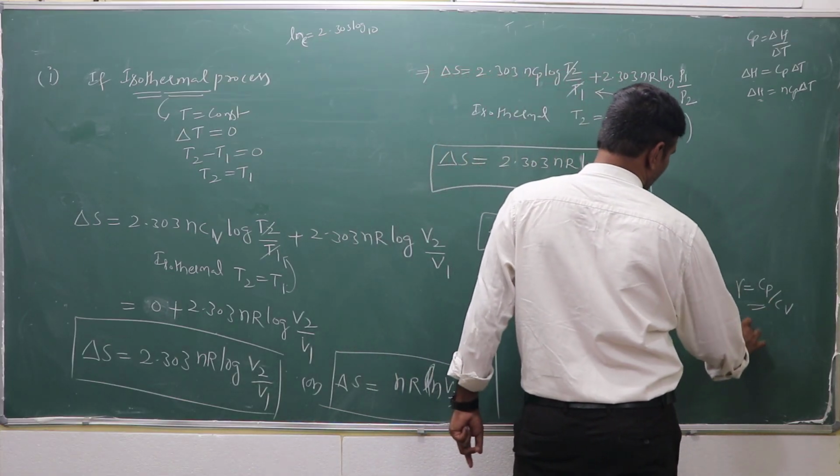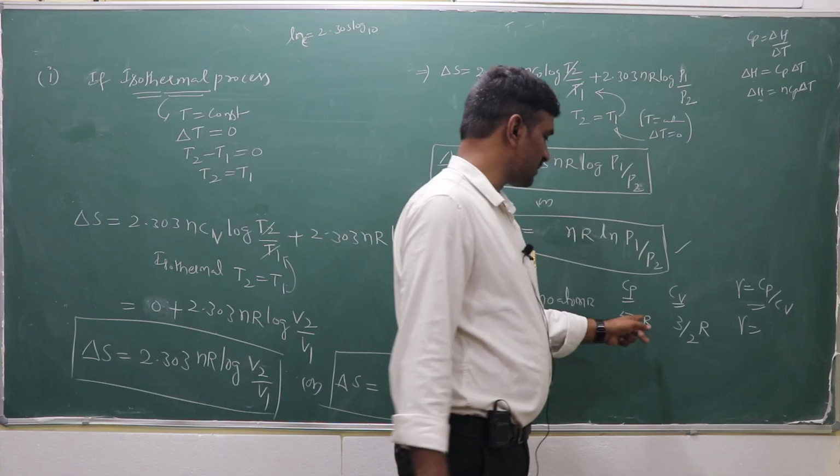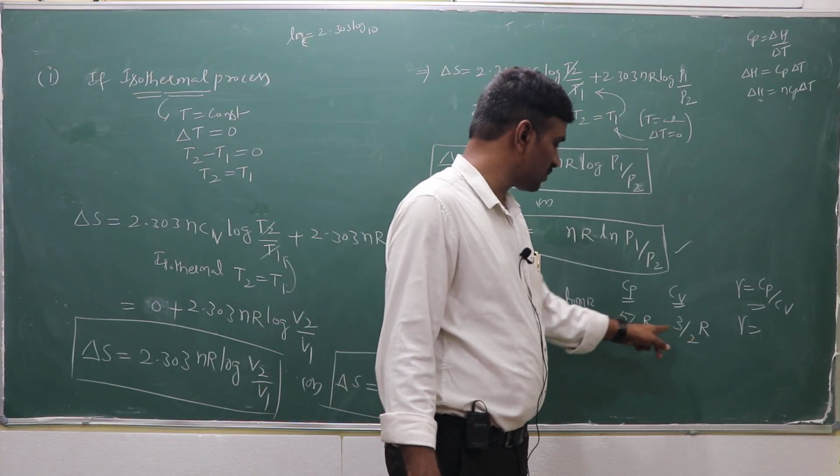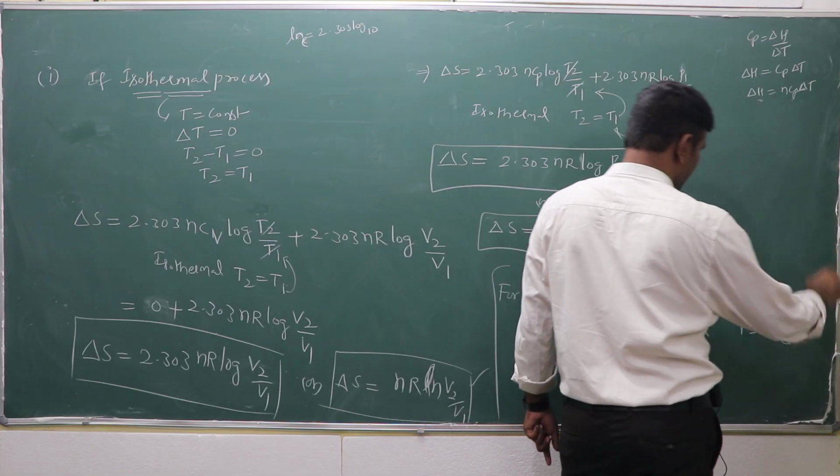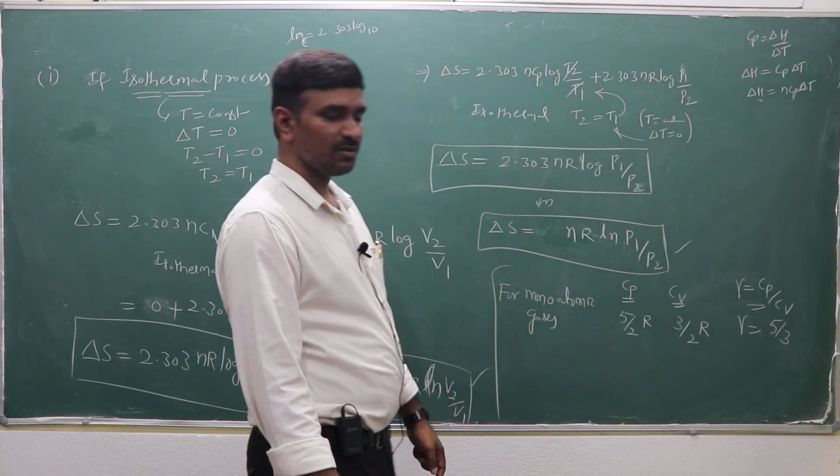That means gamma is equal to Cp by Cv, that is 5 by 2 R by 3 by 2 R. 2 is cancelled and R is cancelled. What will happen? 5 by 3. Gamma is equal to 5 by 3.